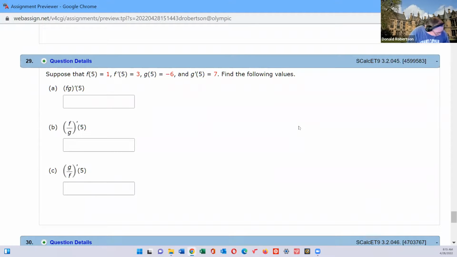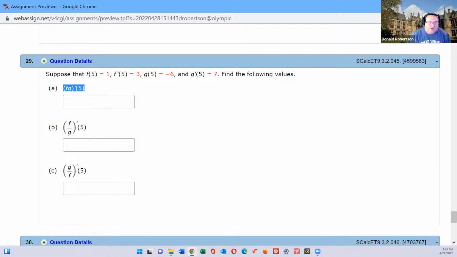If you are told information about a function at just one specific point, in this case 2 functions, f and g, if you're told the value of the function and the derivative at x equals 5, and the value of the function g and its derivative at 5, you can then find guys like this.